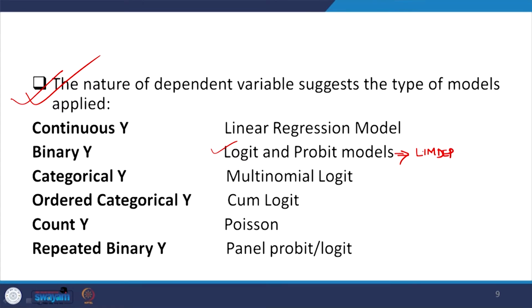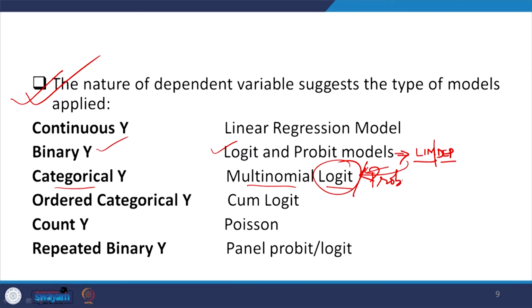There is a statistical package called LIMDEP, but I am not going by the package; I am simply saying limited dependent variable. The dependent variable is limited to certain discrete numbers, in binary form. Limited dependent variable models are also applied if it is categorical, not binary. In that case it will be multinomial logit or multinomial probit.